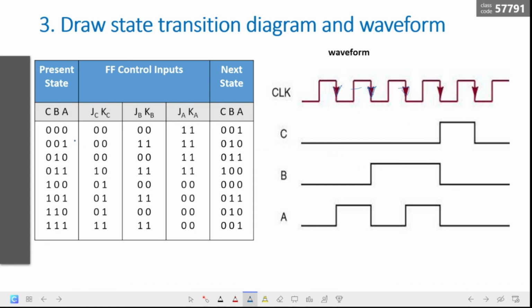For flip-flop C, for example, it goes high here, and B goes high on the second clock cycle, and for A, just follow the flip-flop table here, whatever the output is. And we get our waveform for our counter.